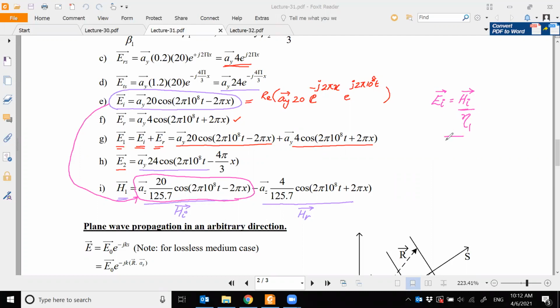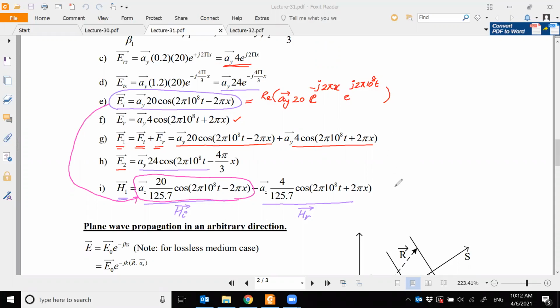Actually, yes, it is the opposite, I'm sorry. I'm correcting. It's the magnitude. H equals E over eta. Just a second, let me write it in this manner. It is much easier for everyone.